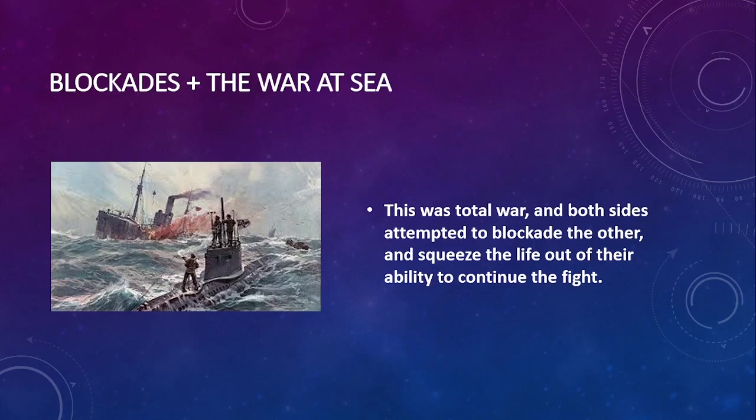But Germany and Austria-Hungary too, with much of their borders surrounded by hostile powers, notably France, Italy and Russia, were also in an extremely vulnerable position. The longer the war went on, the more critical supplies became. This was total war, and both sides attempted to blockade the other and squeeze the life out of their ability to continue the fight.